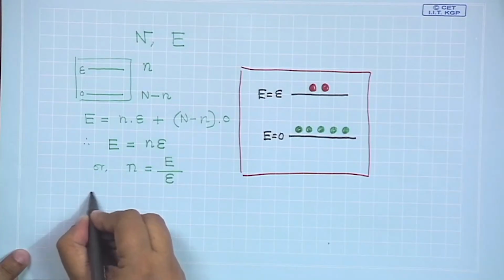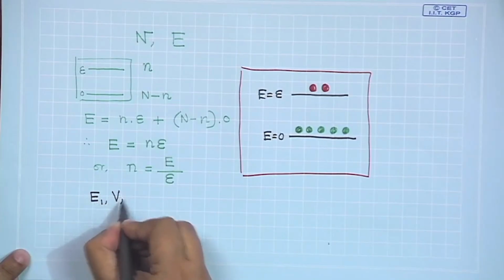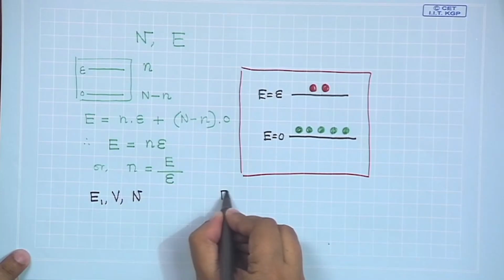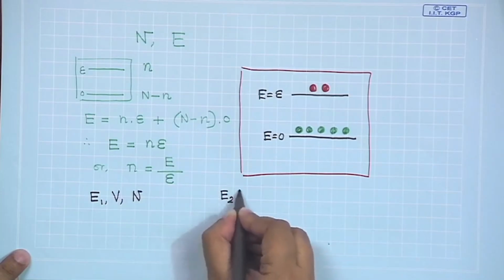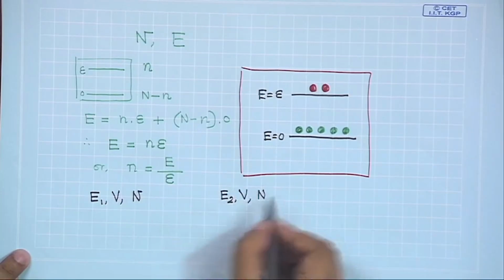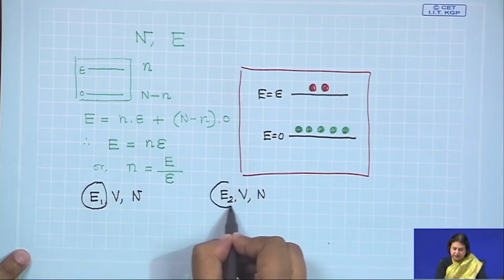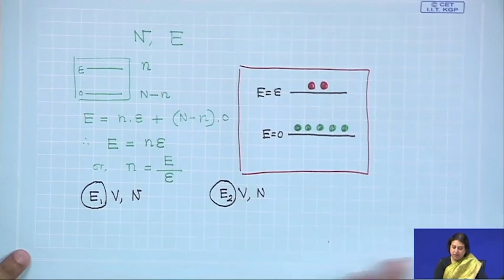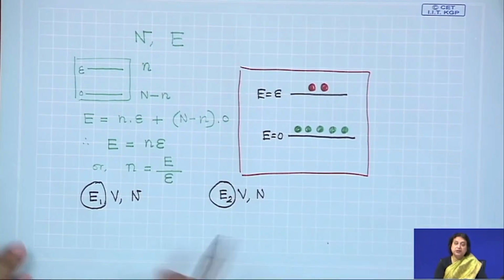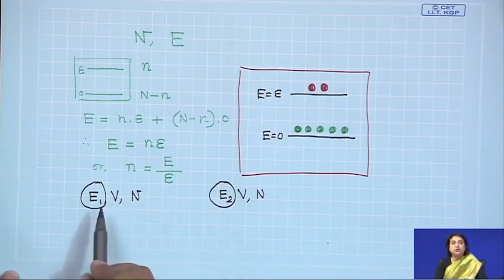If I have not allowed the change in volume and number of particles, what I have is the first state with E1, V, n, and the second state with E2, V, n. Which is the quantity that has changed between these, the same isolated system? I find that the two isolated systems are different in terms of the amount of total energy that they have.